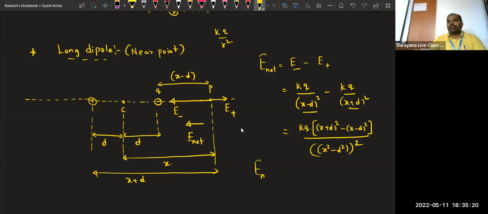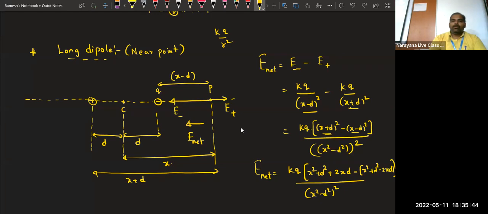So if you simplify this, K into Q, bracket will start. What is this? X plus D whole square means X square plus D square plus 2XD, minus, bracket will start, but X minus D whole square is X square plus D square minus 2XD. And the whole divided by how much? X square minus D square and whole square.